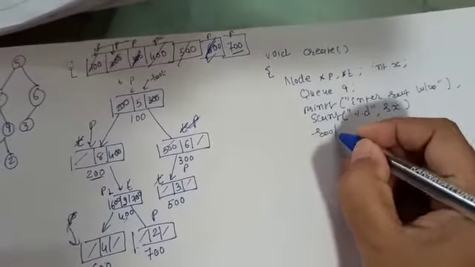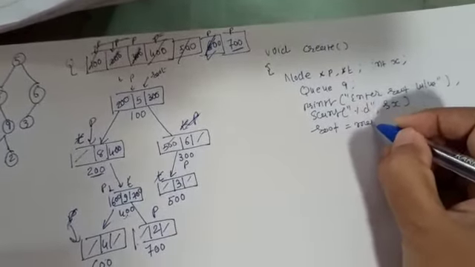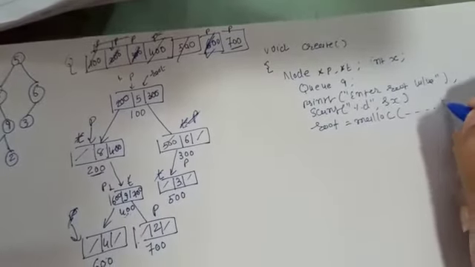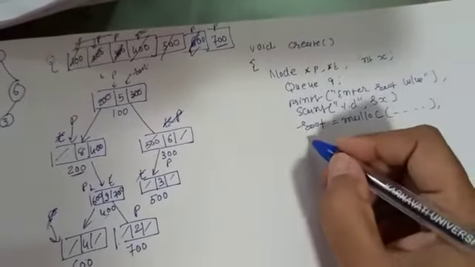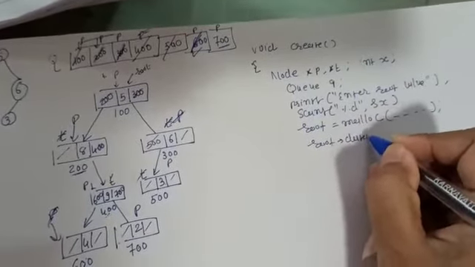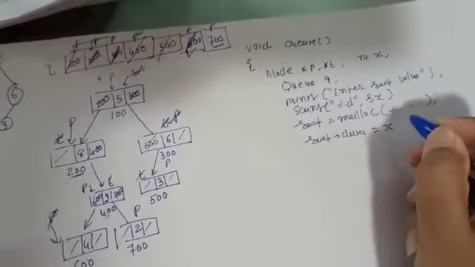Now we will need actual memory for this node, so root is equal to malloc, and whatever size you may assume or write, and root of data is equal to x.